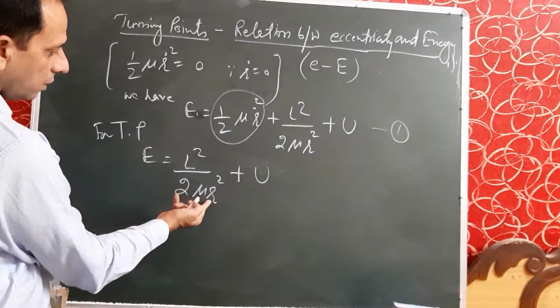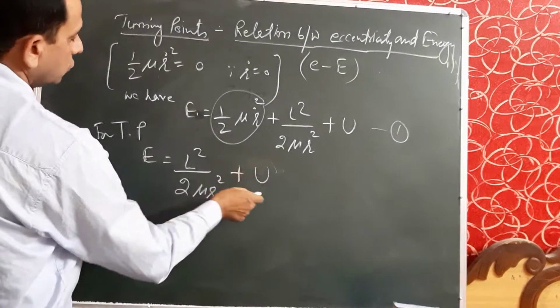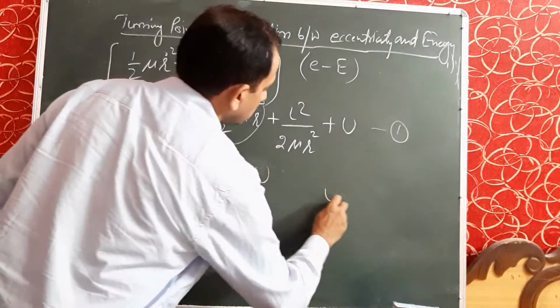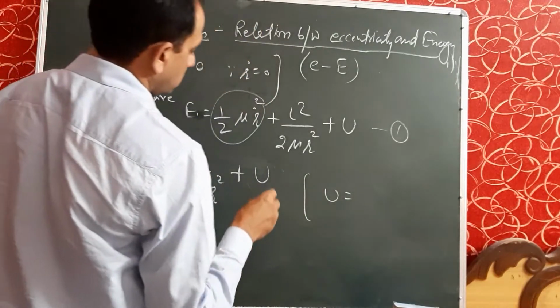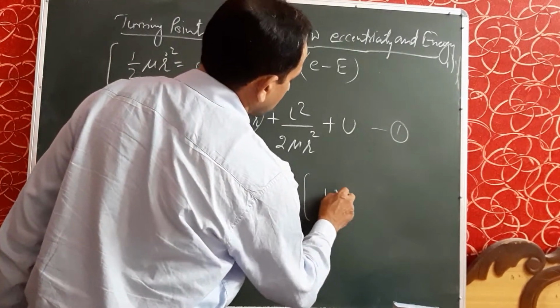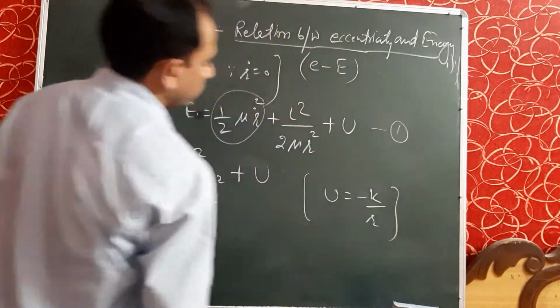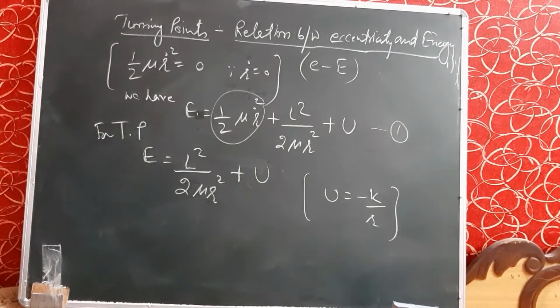Now, this is already in r, and we will reduce u in terms of r. What is u? If the force is a central force, the energy is inversely proportional to r, that is minus k by r. You have already read that the potential energy of two charged particles is minus k q1 q2 by r, and the gravitational potential energy is minus G m m upon r.